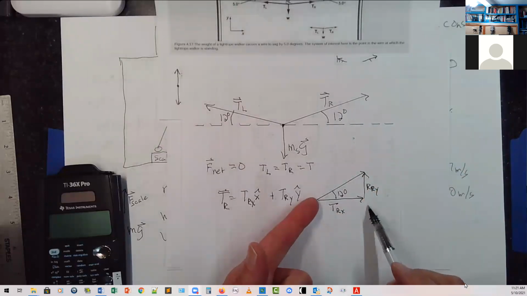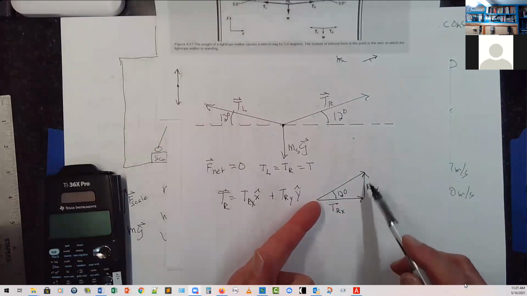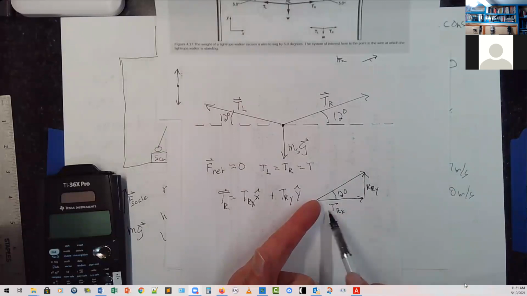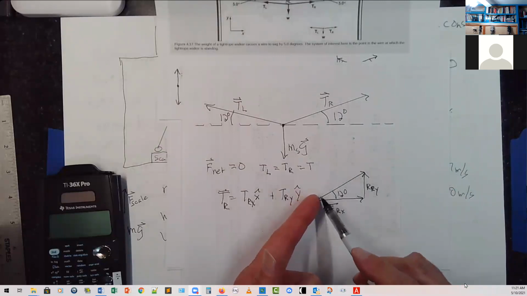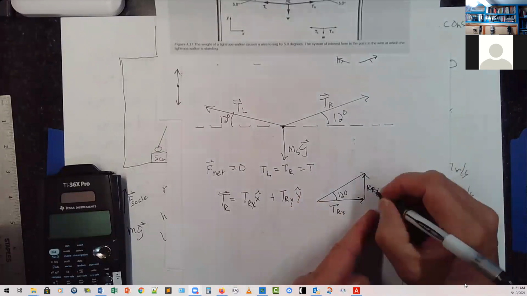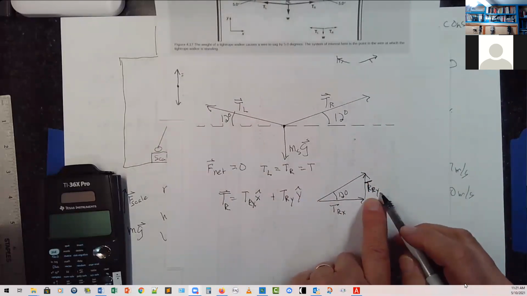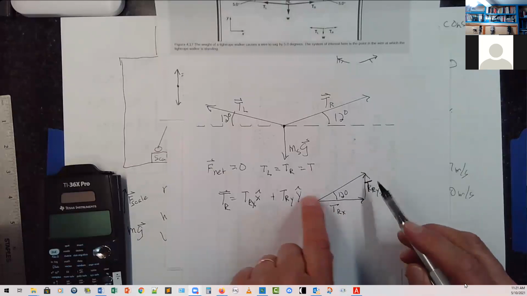Does that look kind of like the velocities in a projectile motion problem? The x component will end up being this times the cosine of 12, and the y component will end up being this times the sine.